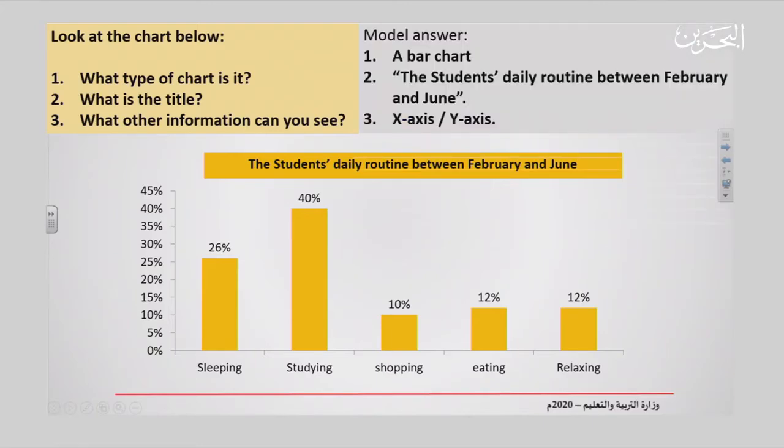Here are the answers. So number 1, it is a bar chart. Number 2, the title of the chart is the student's daily routine between February and June. Number 3, what other information can you see? The x-axis and the y-axis.